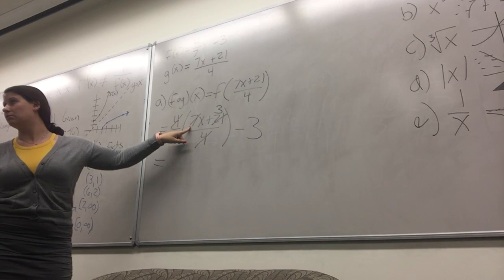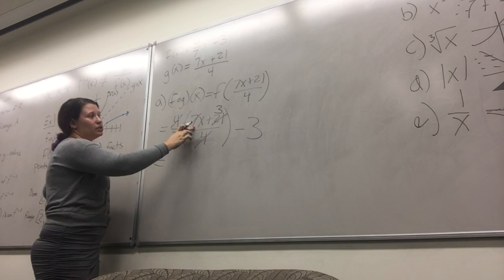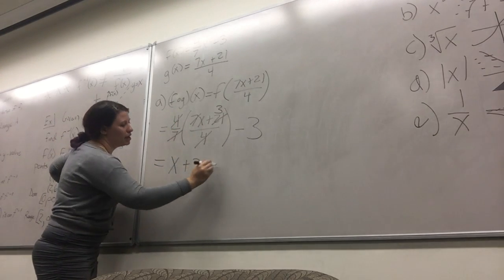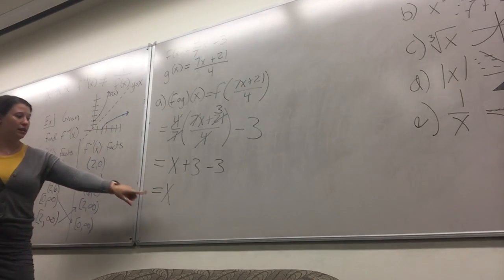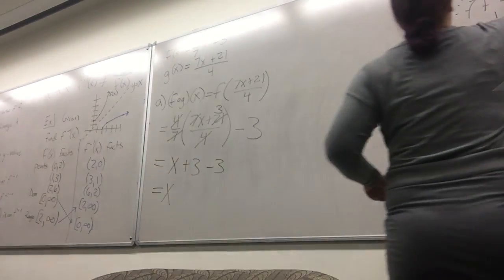Yes? Okay. So then, this term is just x plus 3, but then we have that minus 3 still. So overall, f of g is equal to x. Okay?